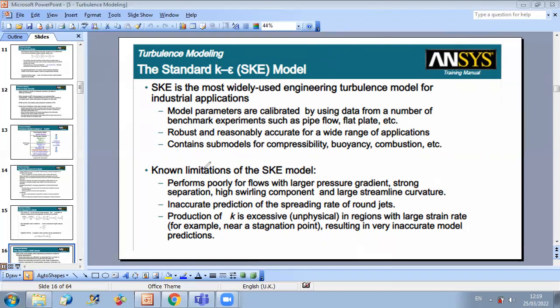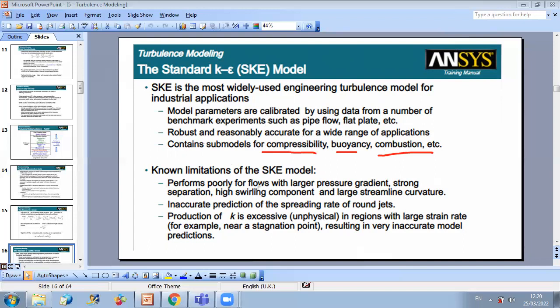This model was shown to be robust and reasonably accurate for a wide range of applications. It contains submodels for compressibility effects, buoyancy effects, if you want to model combustion. So this model presents better accuracy than the first one in many engineering applications.